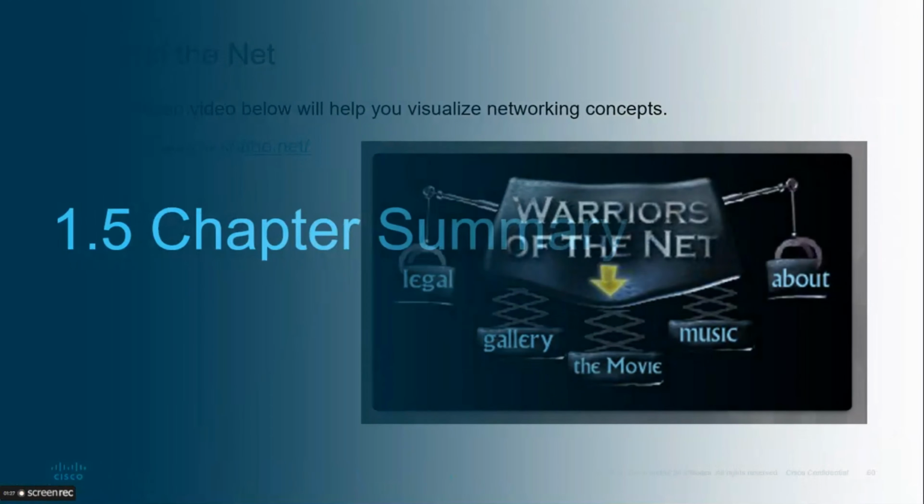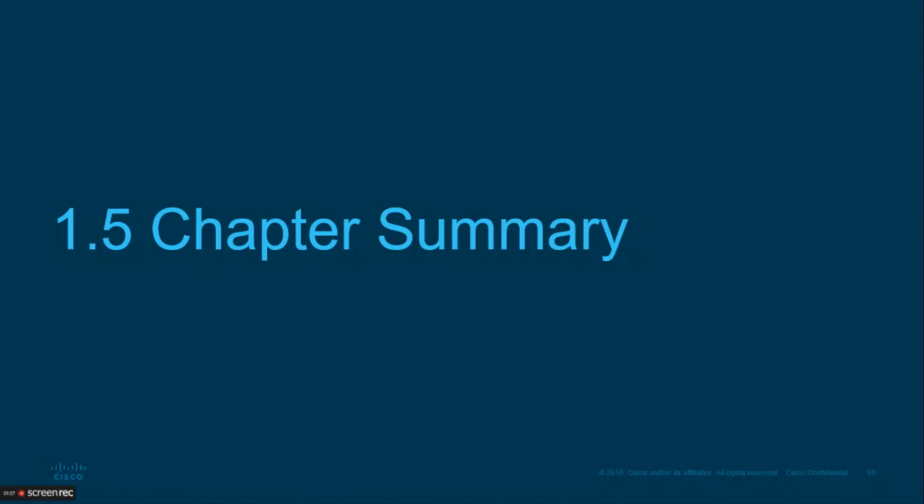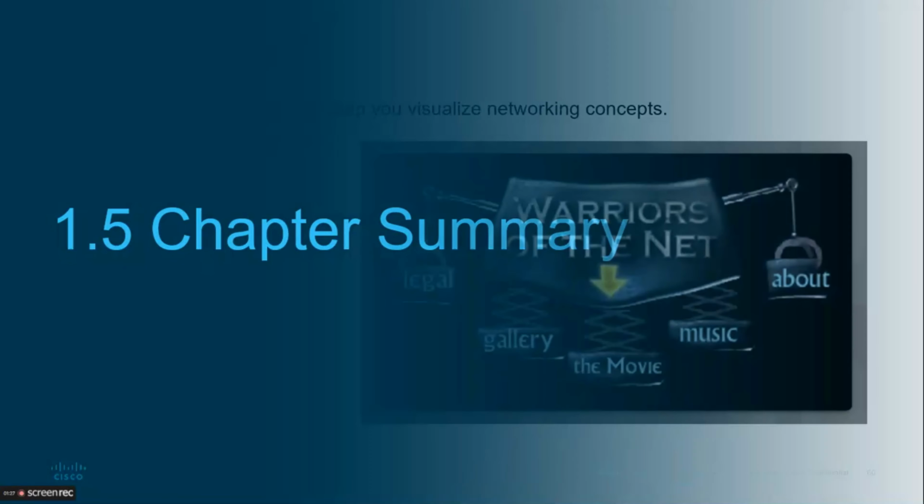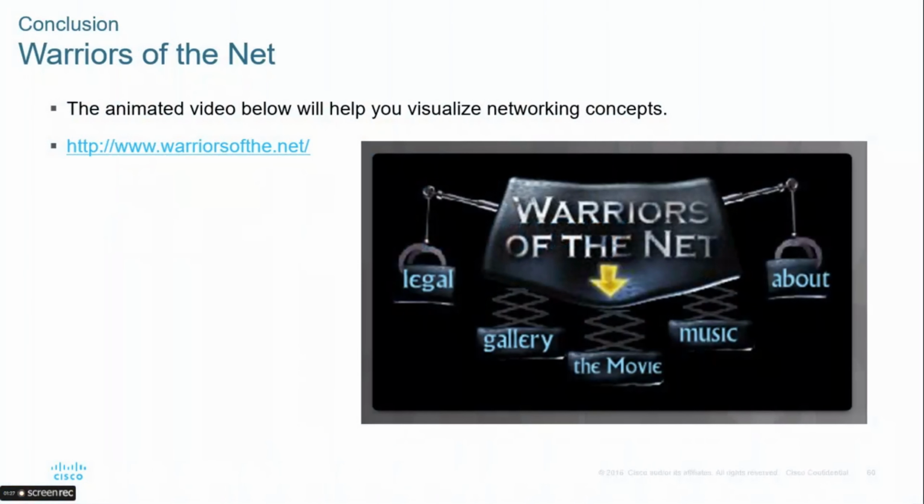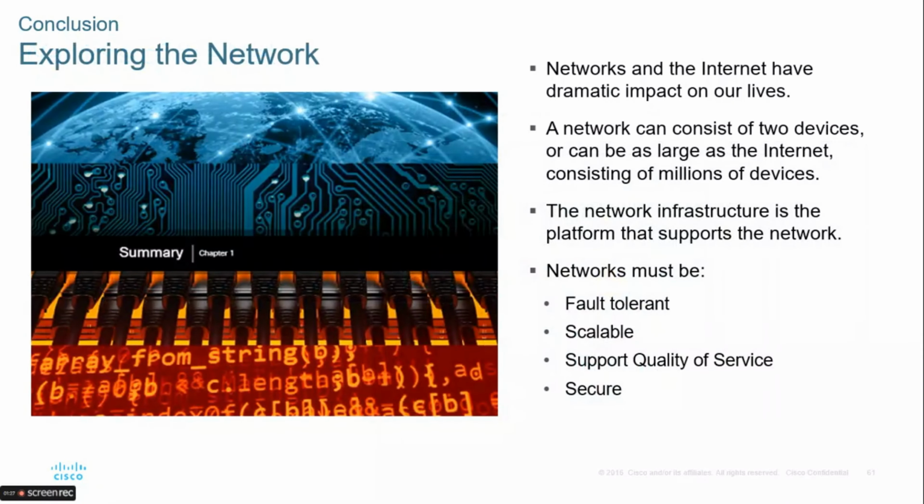So this is the summary. Let me summarize what we've learned today, that are Warriors of the Net. There is a video here. When you go to Warriors of the Net, there is that. Conclusion: exploring the network and the internet have a dramatic impact.